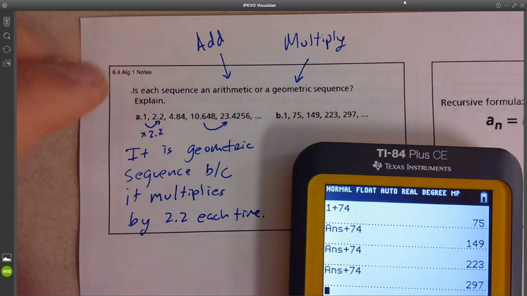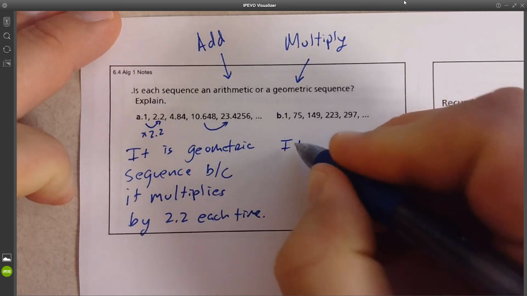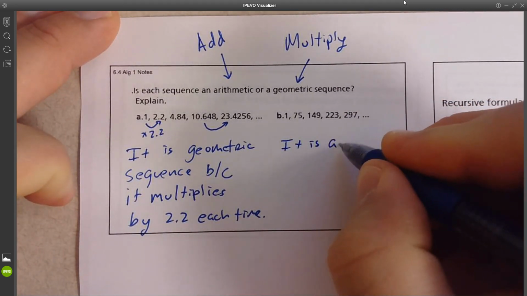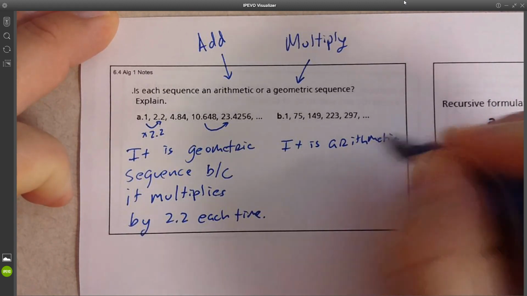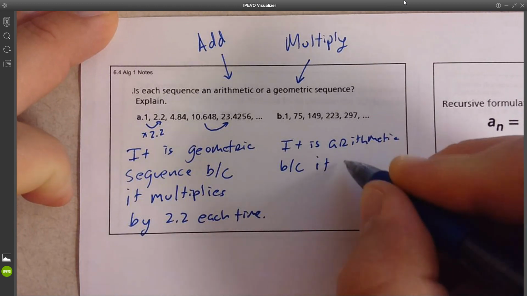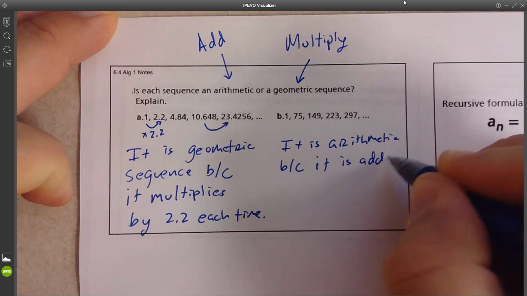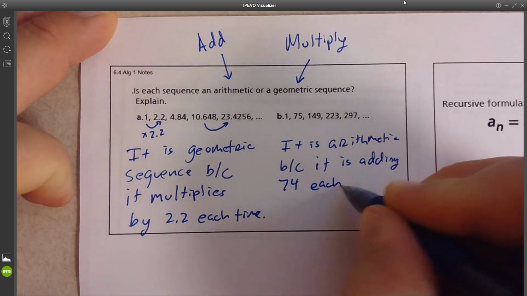Okay, and then that's working out to be arithmetic, because it is adding 74 each time.